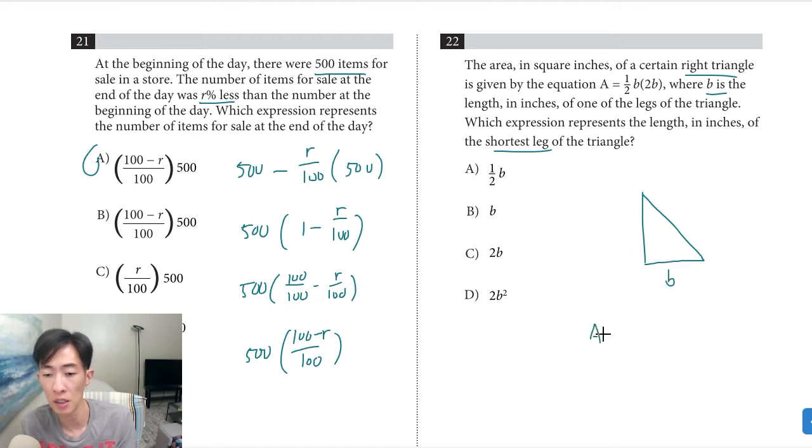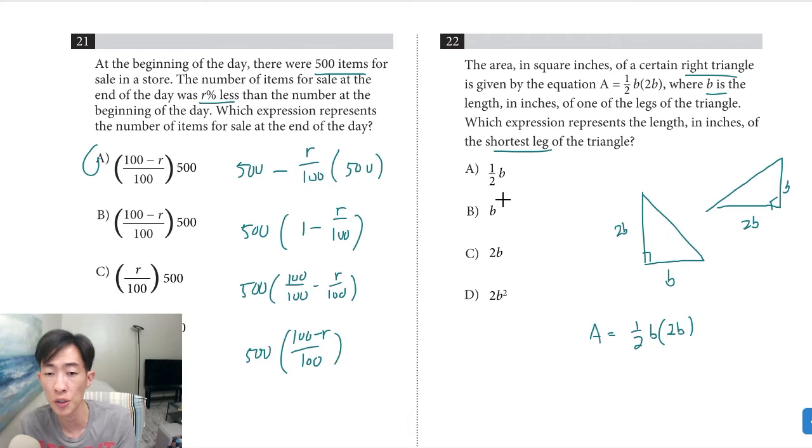If the area is 1/2 B times 2B, you know that the area of a triangle is 1/2 base times height. So if B is the base, and that's the way I drew it, then 2B is obviously going to be the height. You could have flipped this triangle around and drawn it like this. It doesn't really matter. B would be there, 2B would be there. Base and height can interchange, obviously.